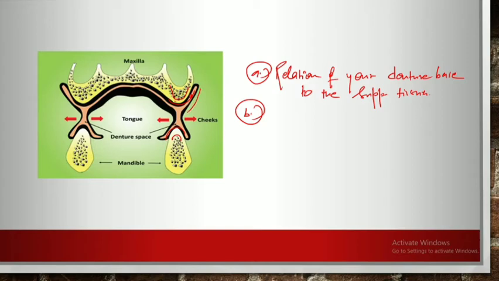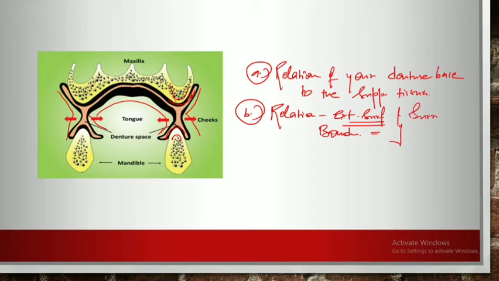These are your external surfaces of the denture. So the second is the relation of the external surfaces of the denture or boundaries of the denture to the oral musculature or the surrounding supporting tissues.